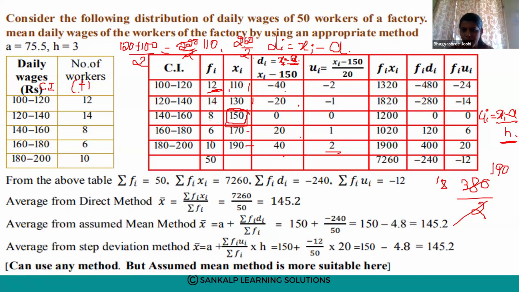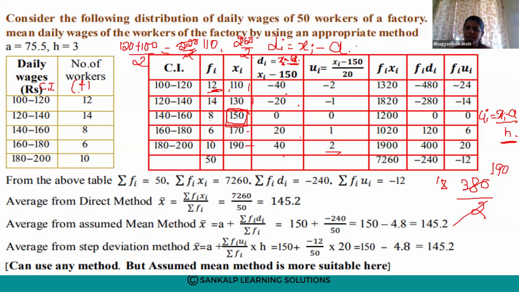Fi is 12, Di is minus 40. That is 12 into 4, that is 48, and with the zero, minus 480. 14 into minus 20, that is minus 280. 8 into 0 is 0. 6 into 20 is 120. 10 into 40 is 400. Okay, this is Fi into Di.